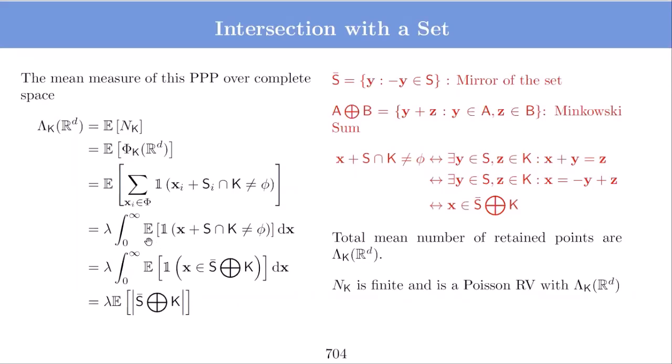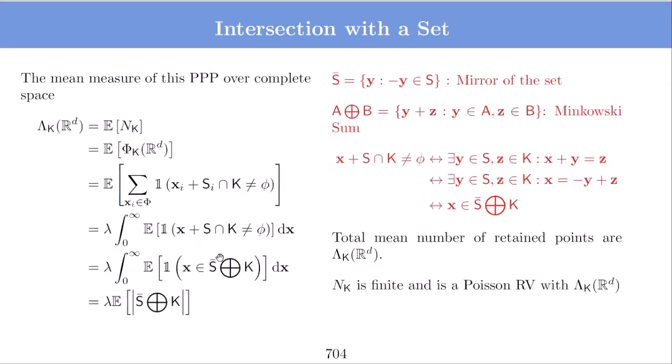So I can say that this indicator is the same as saying that x belongs to S bar Minkowski sum of K, right? So you just treat this as a set, and then if I integrate, firstly I take the expectation outside. So I will get lambda expectation of the integration of the indicator x belongs to A dx.